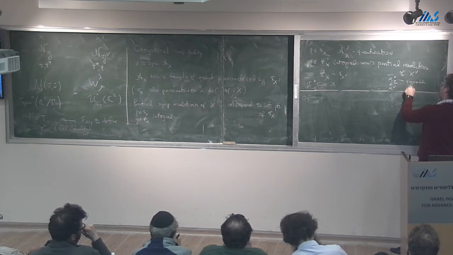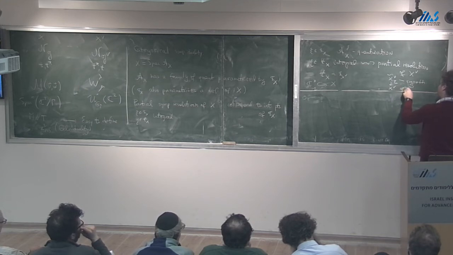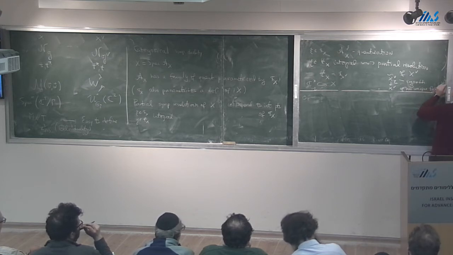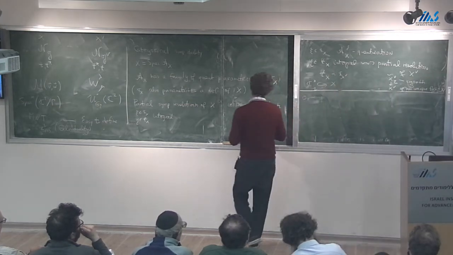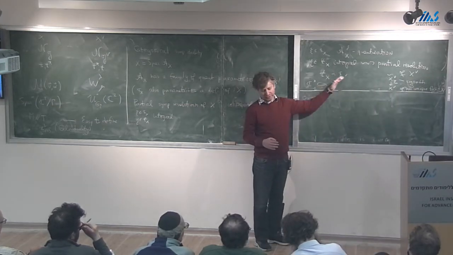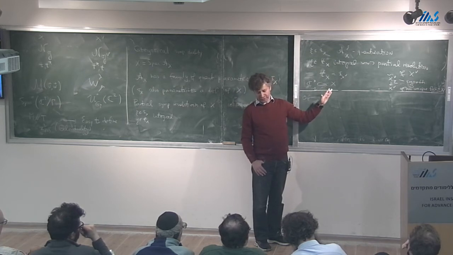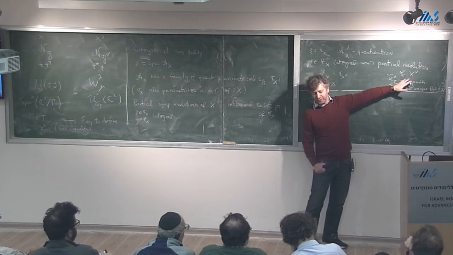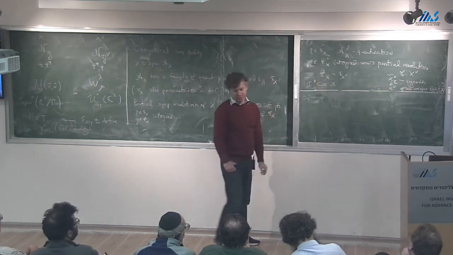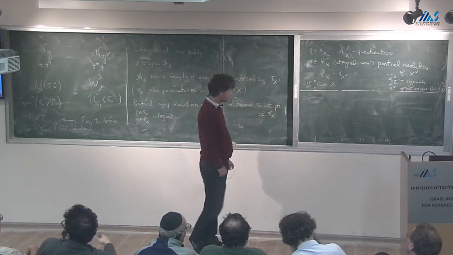It's supposed to be smooth if and only if eta has a unique fixed point on x. This is equivalent to saying that if we choose a resolution of x, then they're going to have isolated fixed points. So smoothness on this side is supposed to be seen in terms of fixed points being isolated.